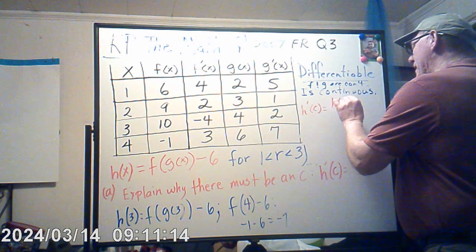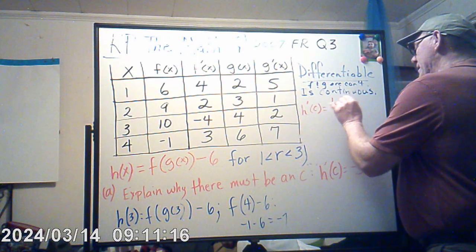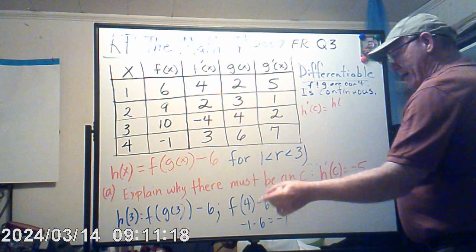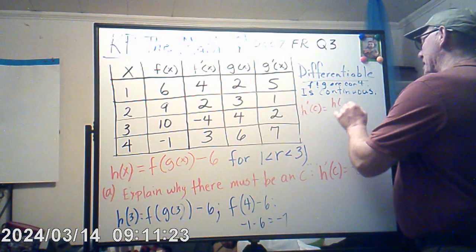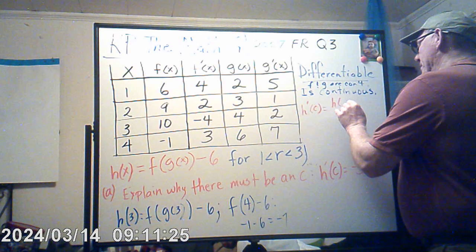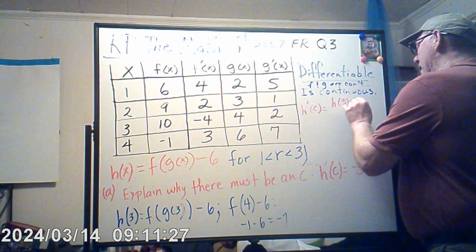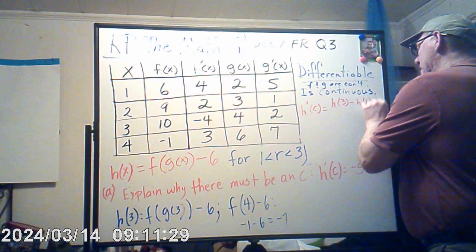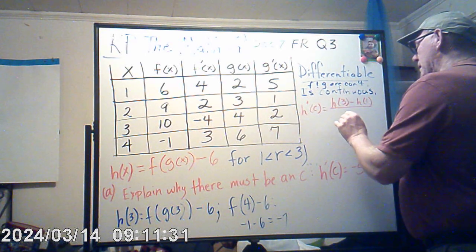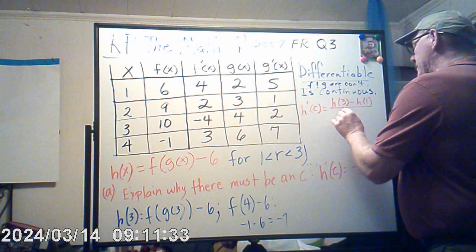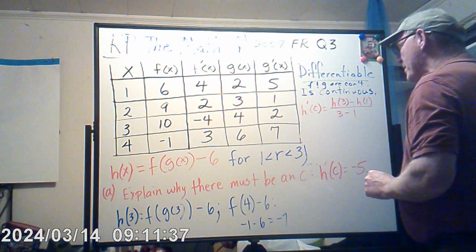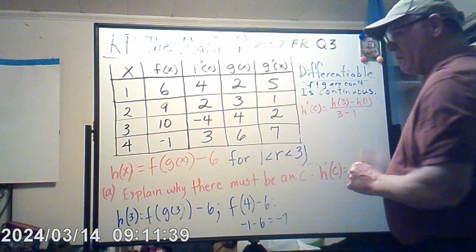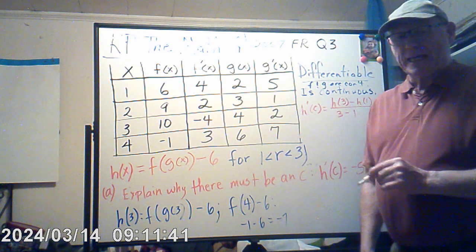We could do h at 3, or it doesn't matter, we could do h at 1. We could do h at 3 minus h at 1 over 3 minus 1, and that is the slope of the secant line.